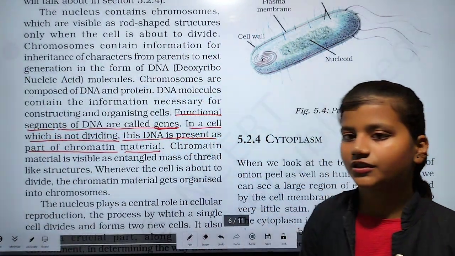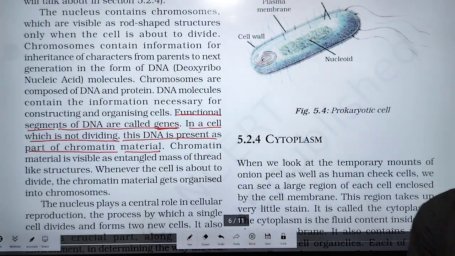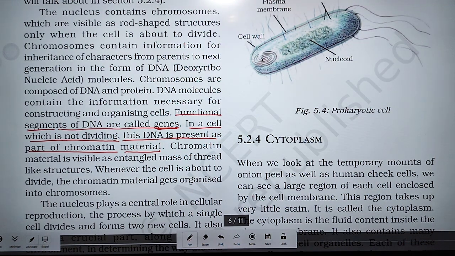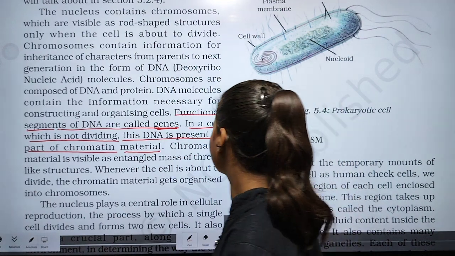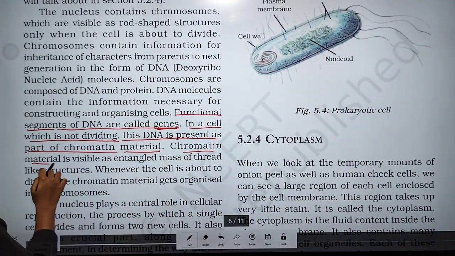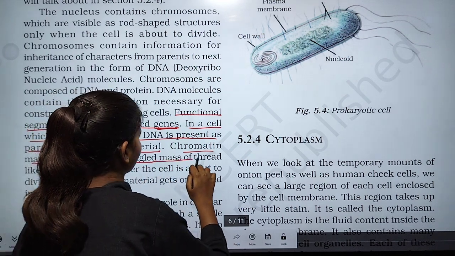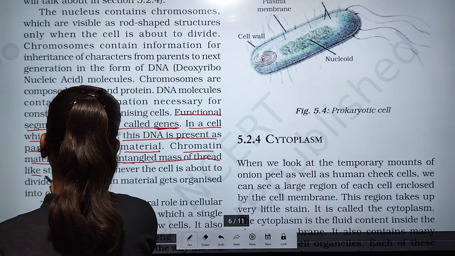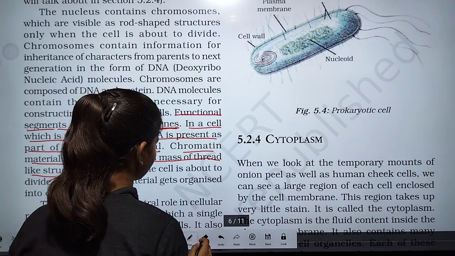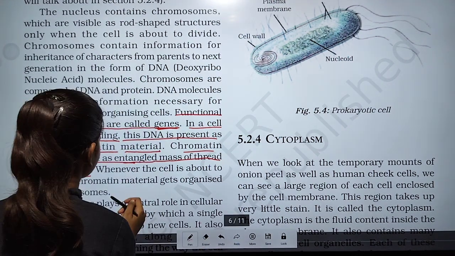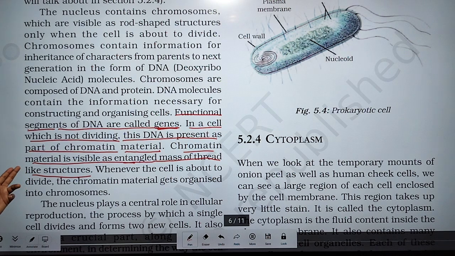Chromatin material is visible as an entangled mass of thread-like structure.